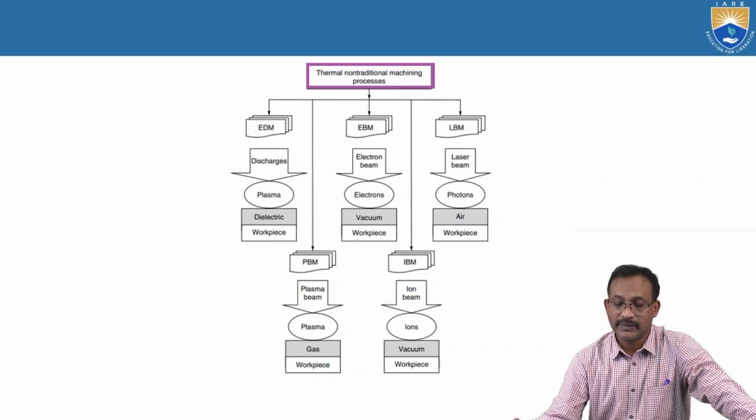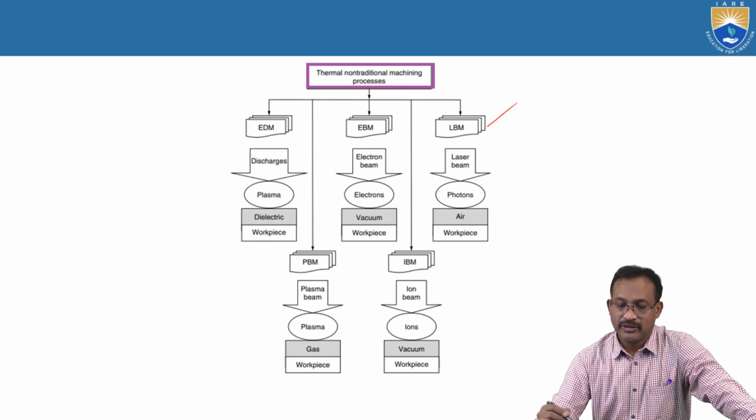Next, the third one, laser beam machining. It works because of the action of the laser beam. Here the photons are the striking material, like a cutting tool in conventional machining, and the medium is air.